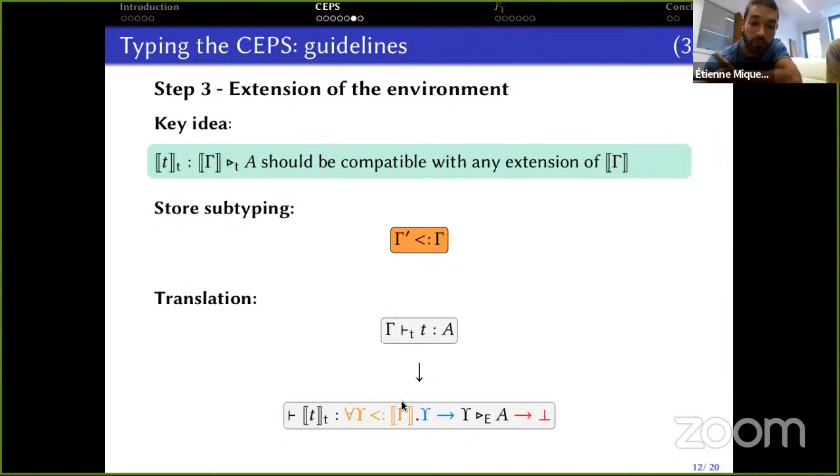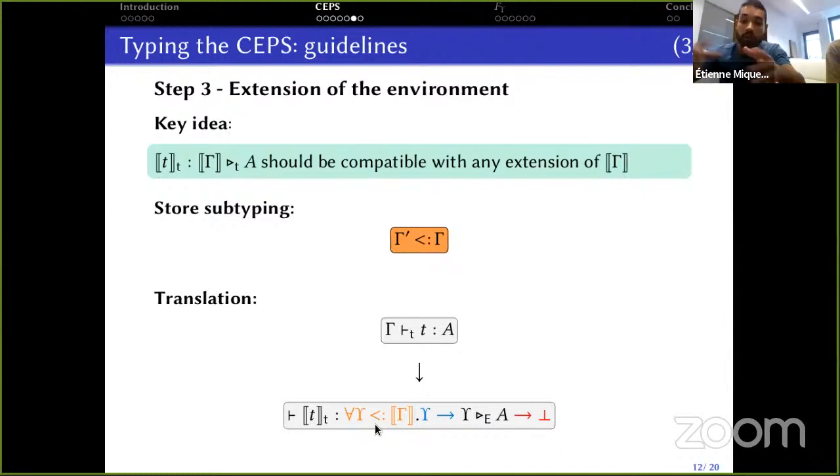And we need to take into account that this store, this environment, might be extending during the computation. That's why we have this subtyping relation. And then we have components to get it sound.